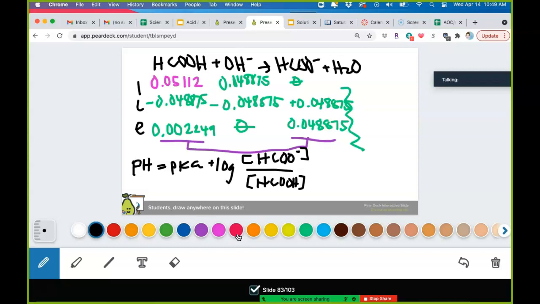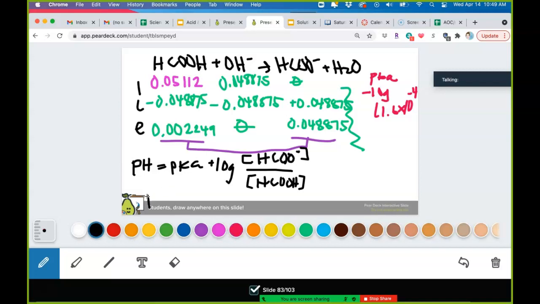I think the Ka is 1.6 times 10 to the negative fourth. So to get pKa, you take opposite the log of Ka, which is opposite the log of 1.6 times 10 to the negative fourth. And it's like 3.79588 or whatever.